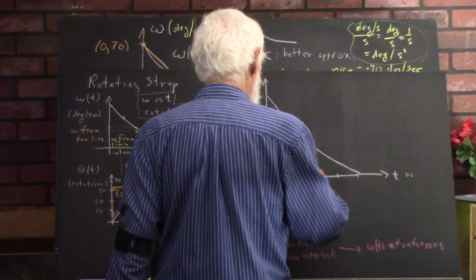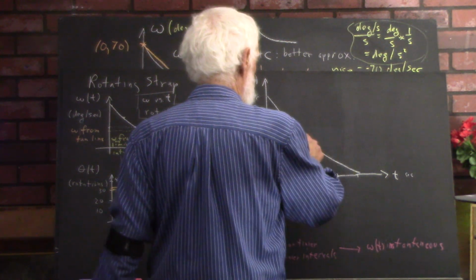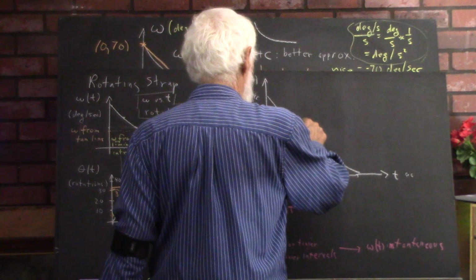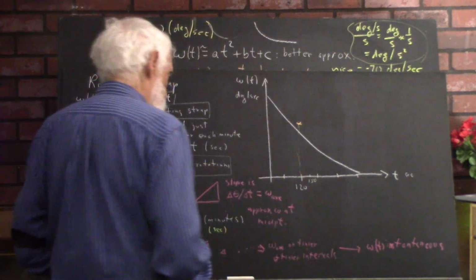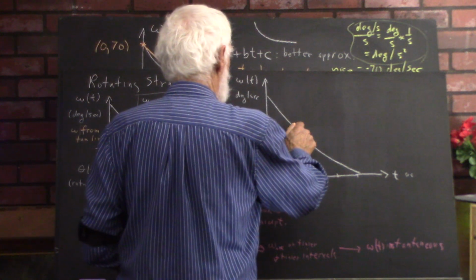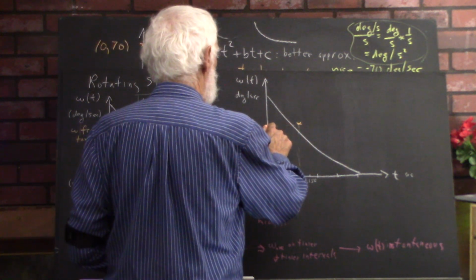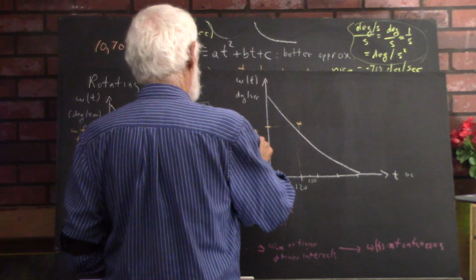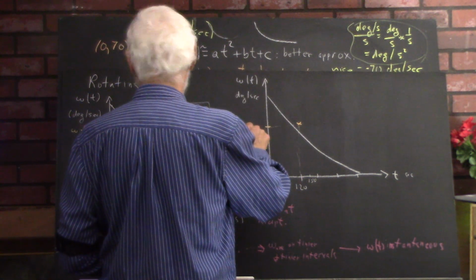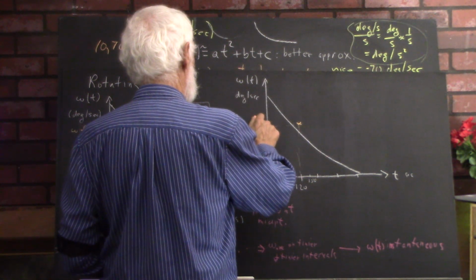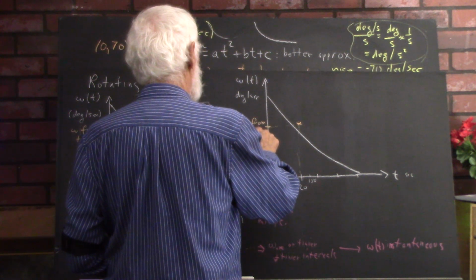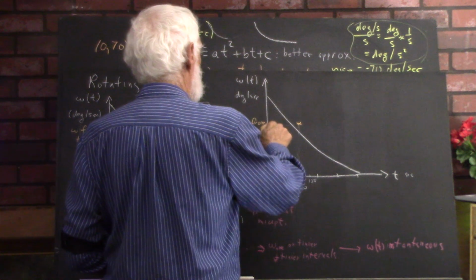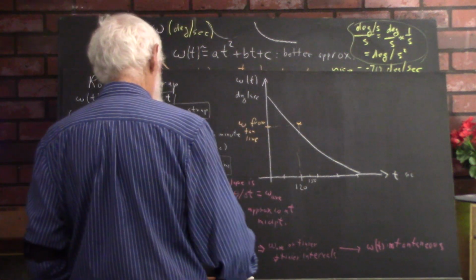It's going to occur at 2 minutes, which is 120 seconds, either a little bit above or a little bit below this curve. I'm going to put it a little bit above the curve. Here's our omega from the tangent line.